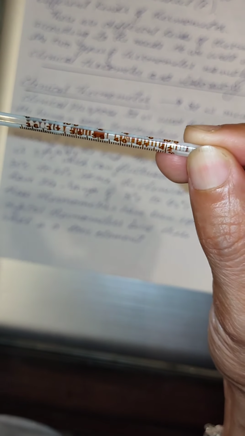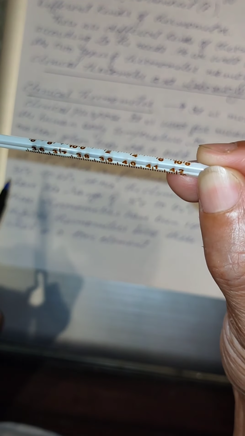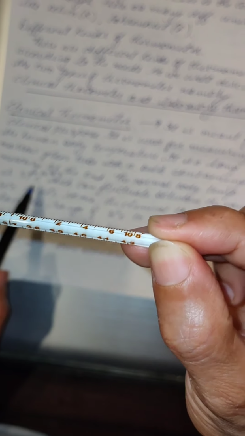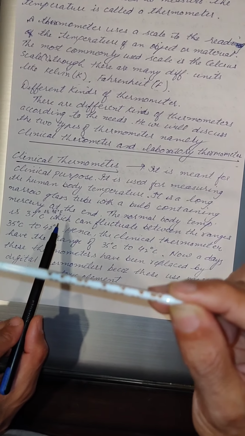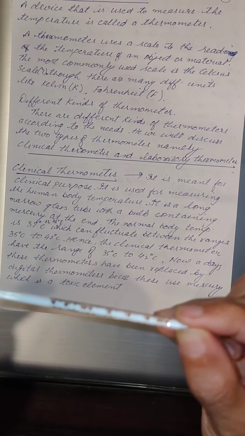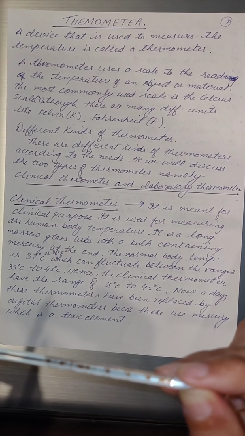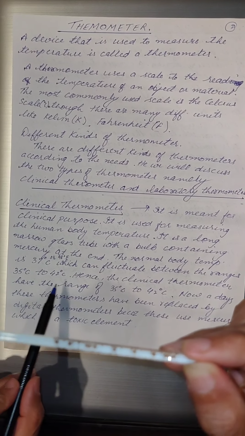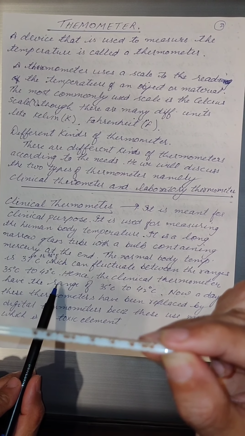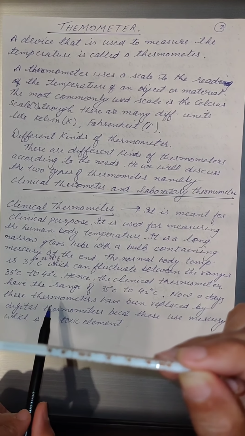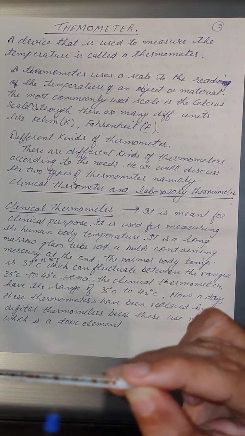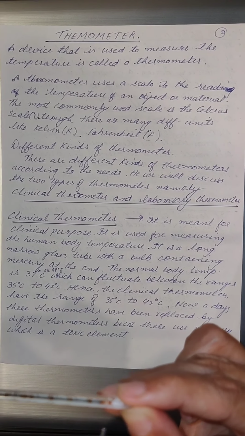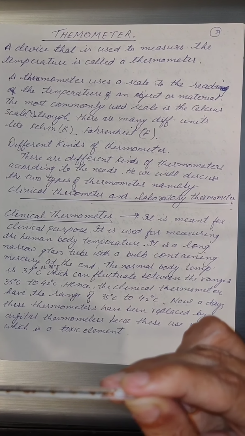So the normal temperature of a human body is 37 degrees Celsius or 98 degree Fahrenheit. It can fluctuate between 35 degrees Celsius and 42 degrees Celsius also. That is why clinical thermometers have the range of 35 to 42 degrees Celsius.